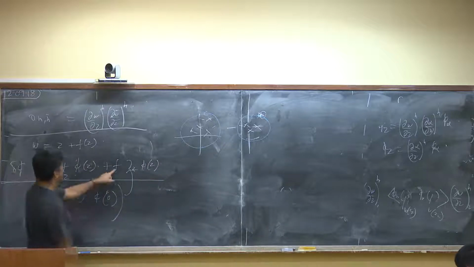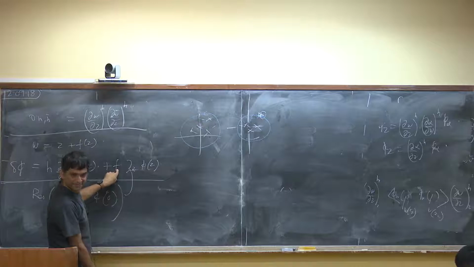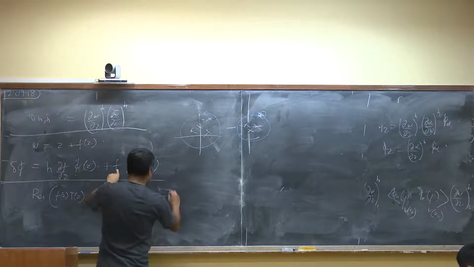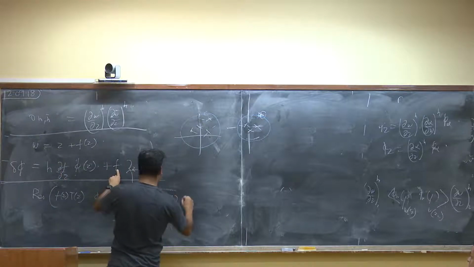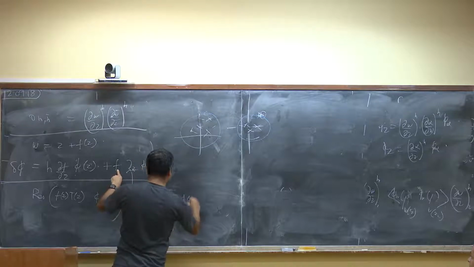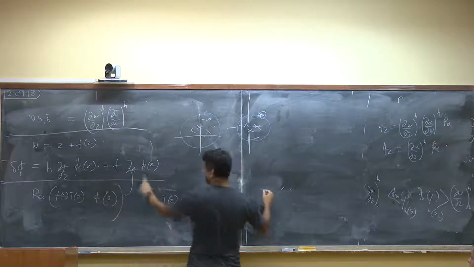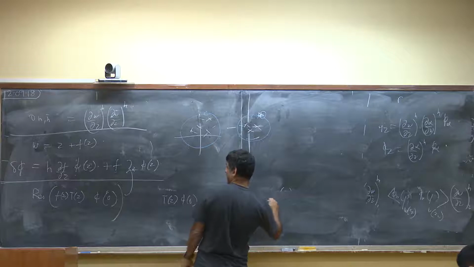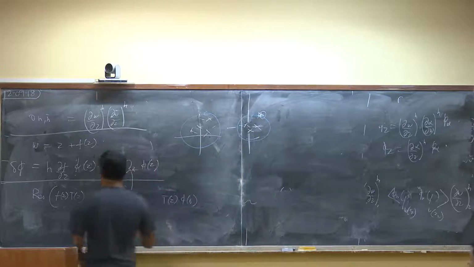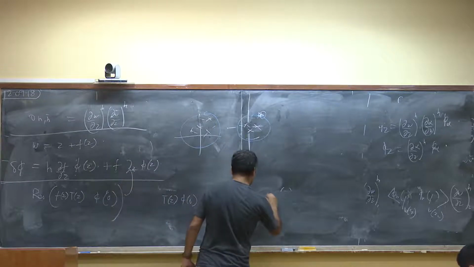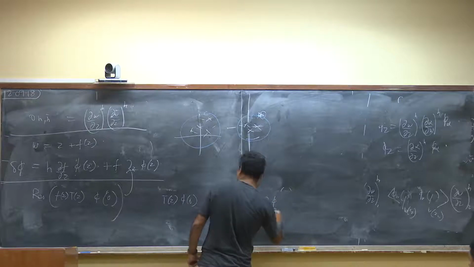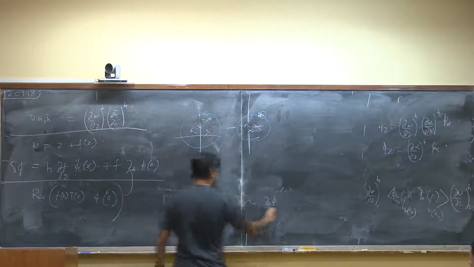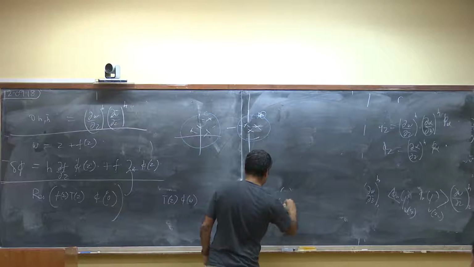Well, this term comes without a derivative. That tells me that there must be a term from T of z, phi of 0, which goes like del_z phi of w, z minus w.